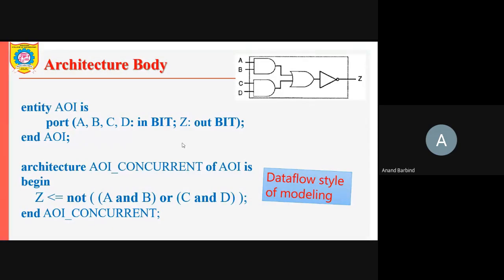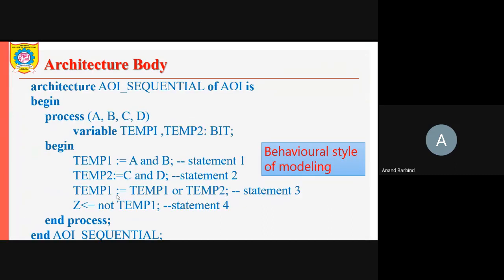That means continuously x and y will be calculated, w will also be calculated, and z would also be calculated in this case. Whereas this is the process statement, in which the statements are executed sequentially.